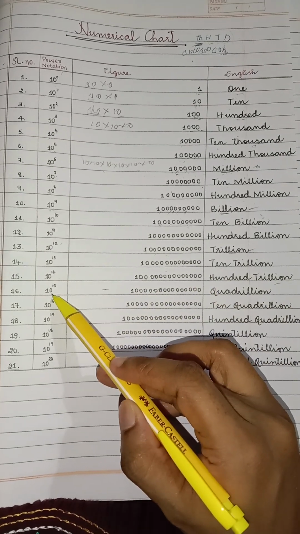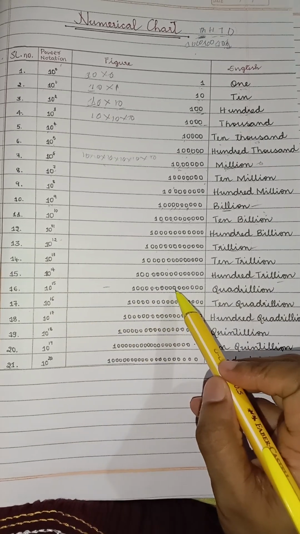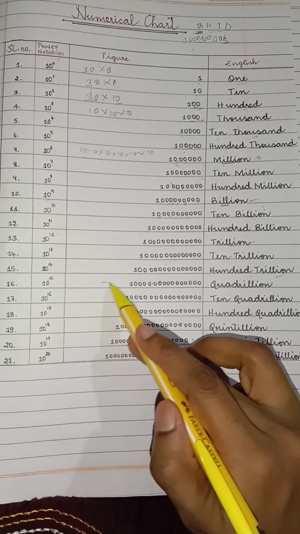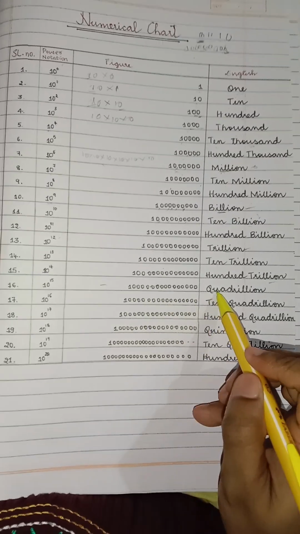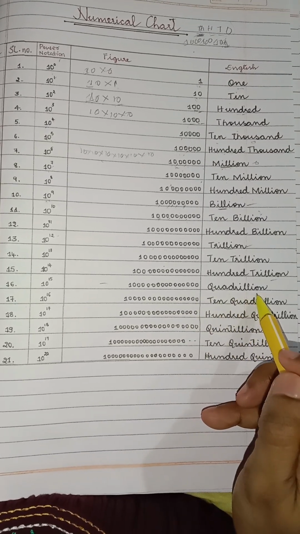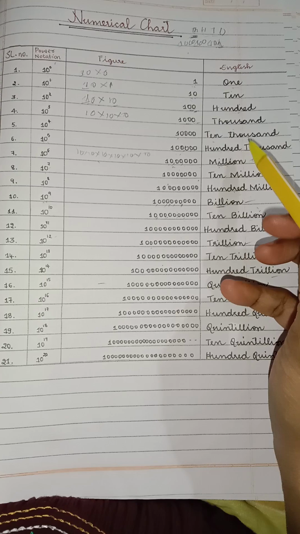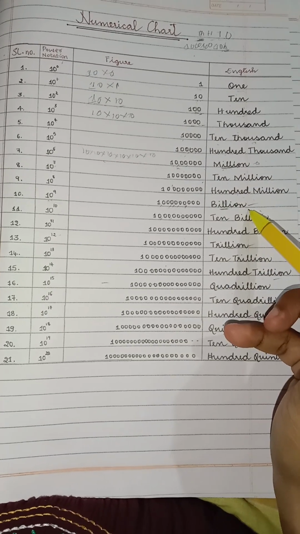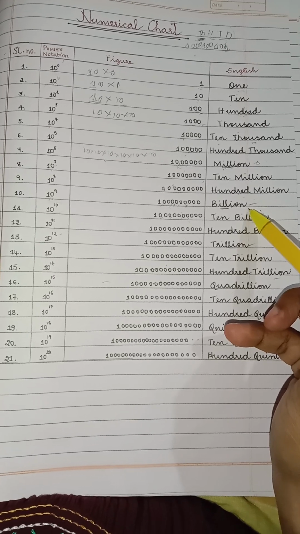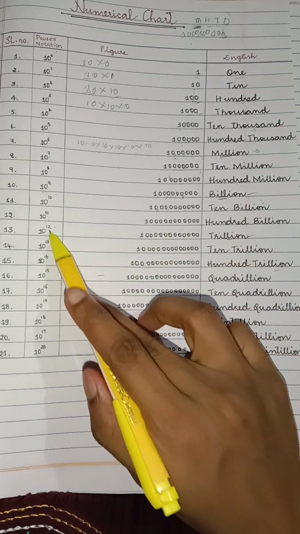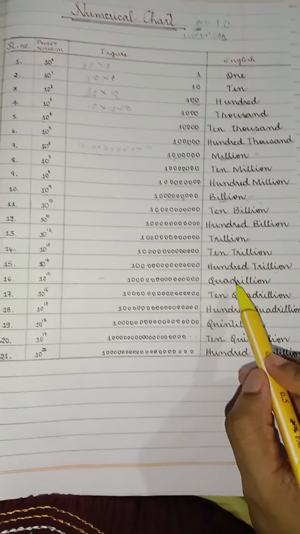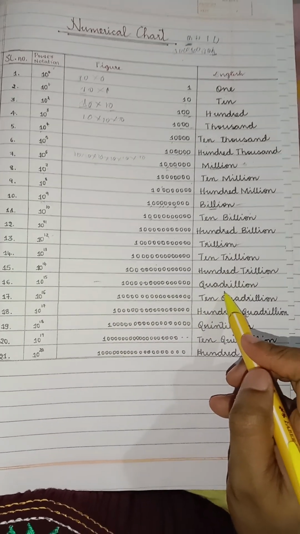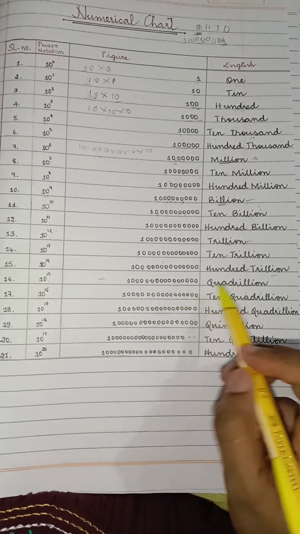Next, when 10 is multiplied to the power of 15, it is called a quadrillion. So 6 times is a million, 9 times is a billion, 12 times is a trillion, and 15 times is a quadrillion.